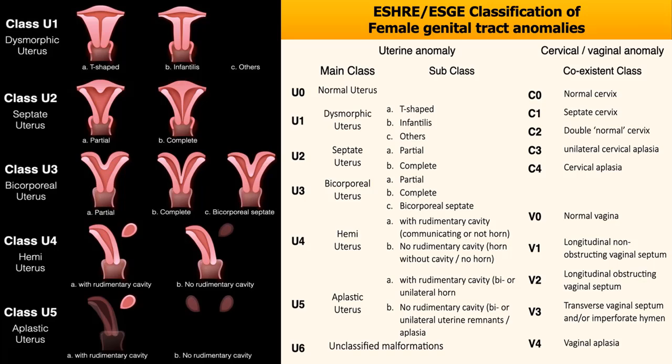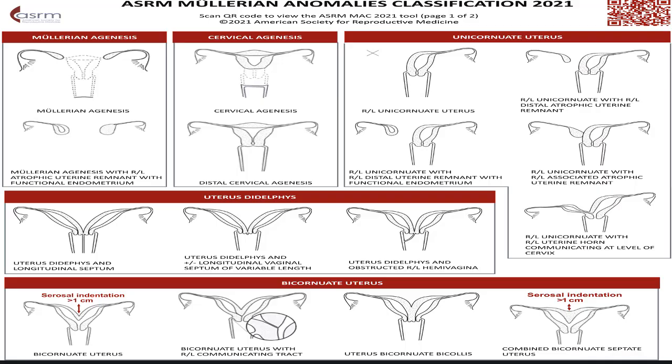Now in 2021, the American Society for Reproductive Medicine came with another classification. They classified the Mullerian anomalies into 9 categories: Mullerian agenesis, cervical agenesis, then came the unicornuate uterus, uterus didelphys, and bicornuate uterus.